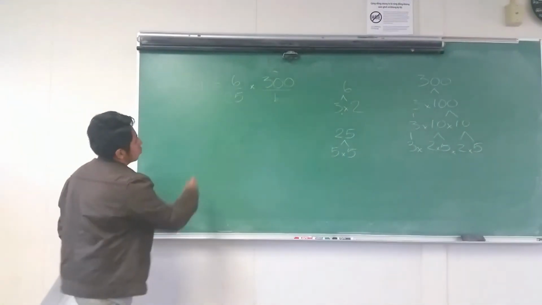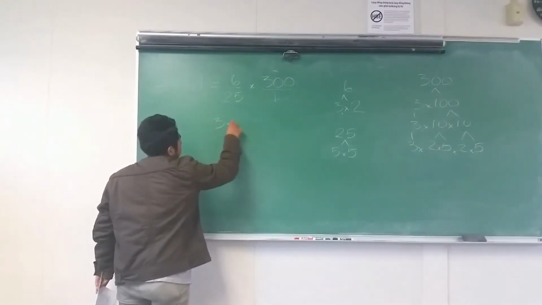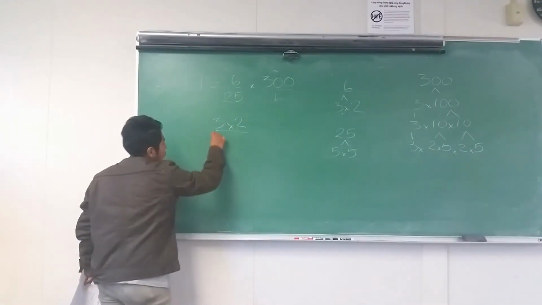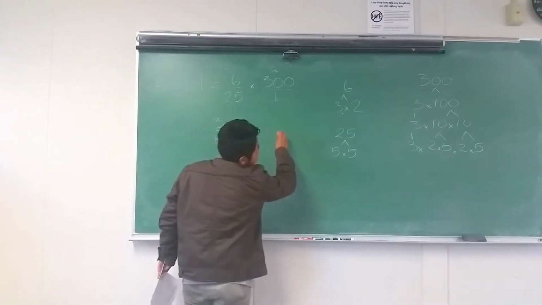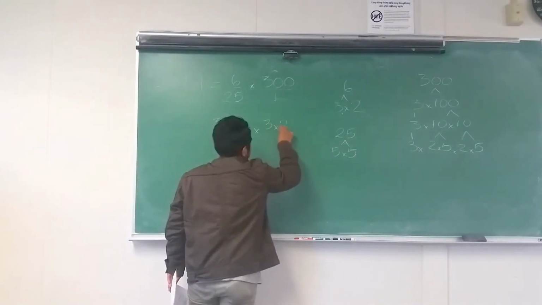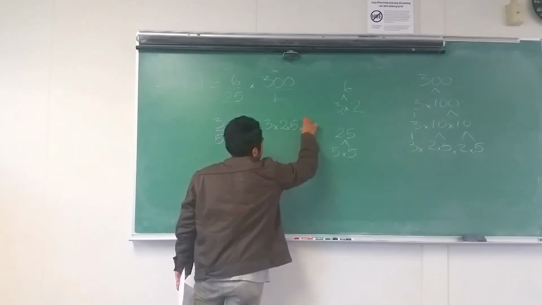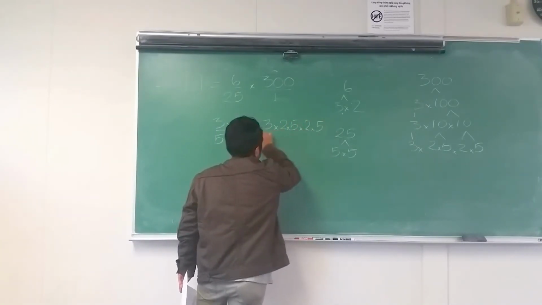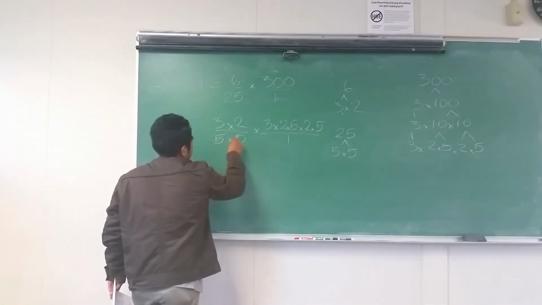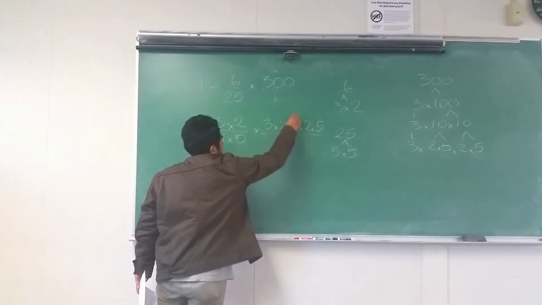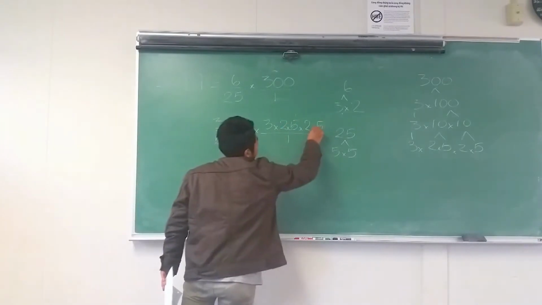Therefore, let's rewrite this. 6 is 3 times 2. 25 is 5 times 5. The 300 is 3 times 2 times 5 times 2 times 5, all over 1. It's time to cancel. A 5 and a 5, another 5 and another 5.